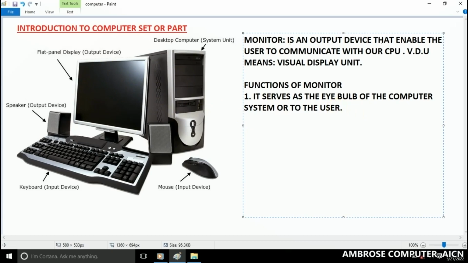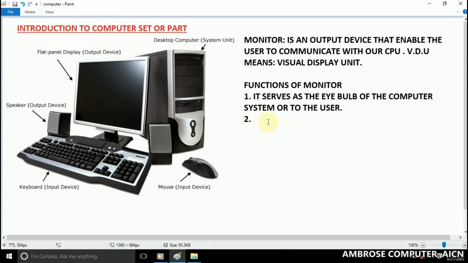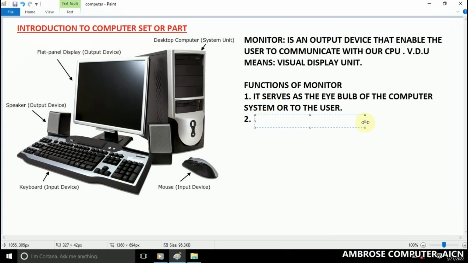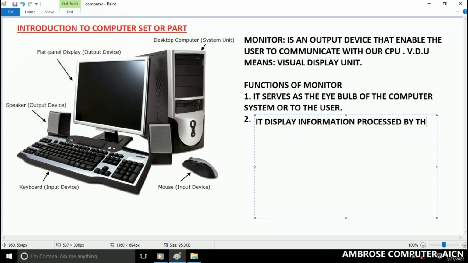Another function of the monitor, number 2, is to display information processed by the computer.